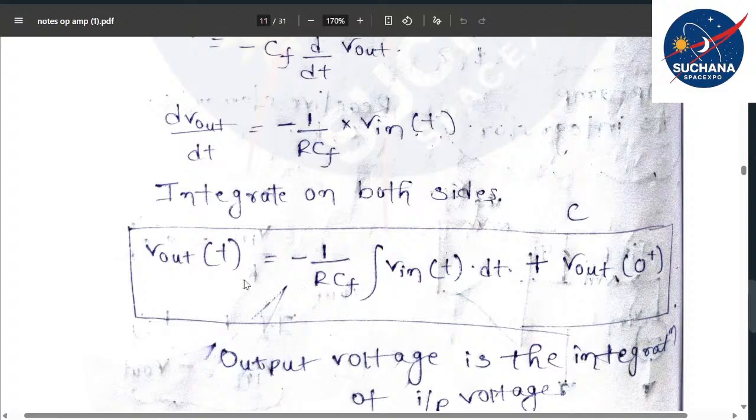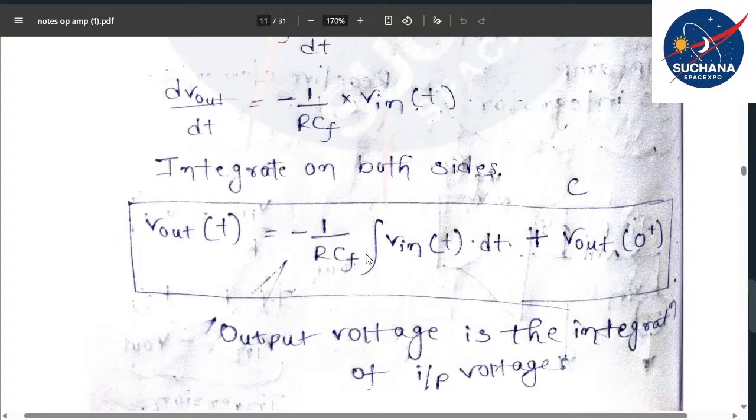From this mathematical equation it clearly establishes a relationship between the output voltage and the integration of the input voltage. So output voltage is the integration of the input voltage. This is the important conclusion that we need to obtain from this particular equation. This is a very important point. I repeat, the output voltage is a function of the integration of the input voltage.